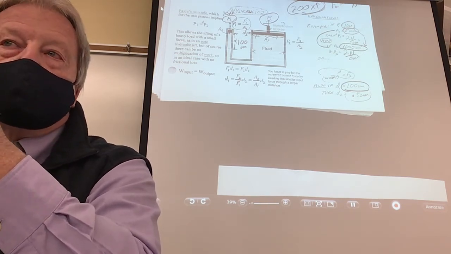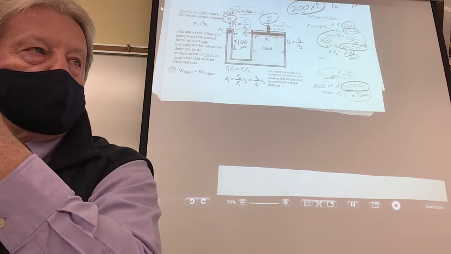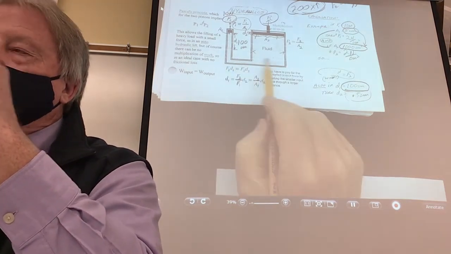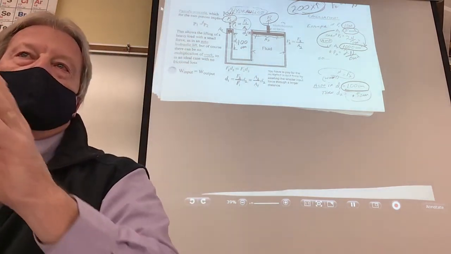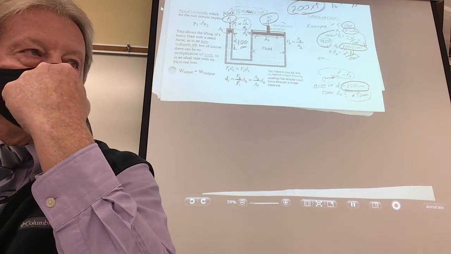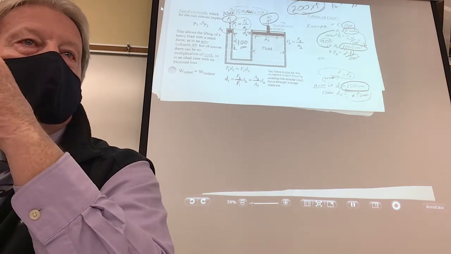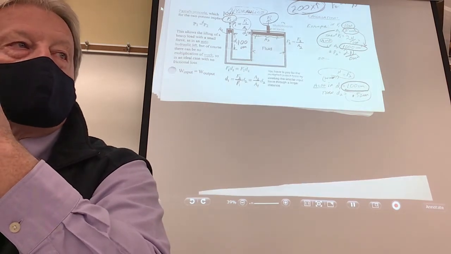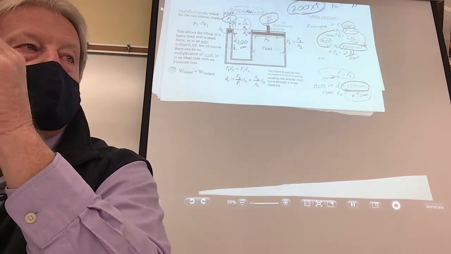But the pressure is the same. As far as the pressure, it's the same. But if I could make one of these and split it up into many, many little fingers, I could multiply my force by thousands of times. You're right. If I only have one cylinder, I've got to make it pretty strong because the forces there are going to be great.